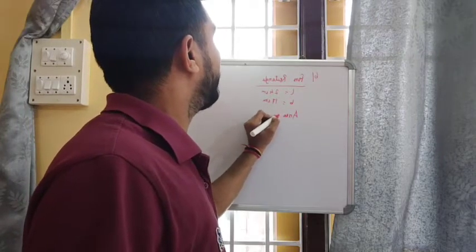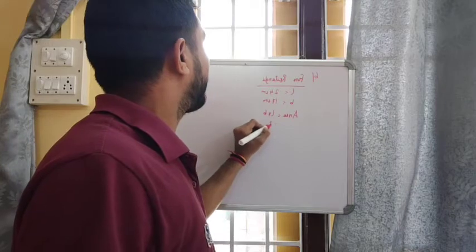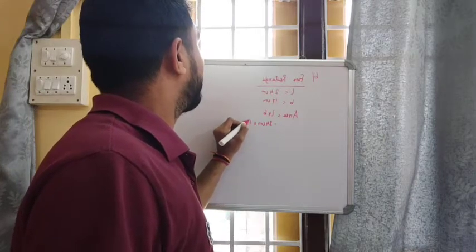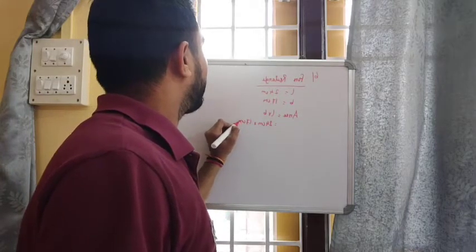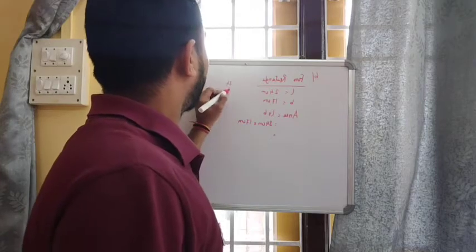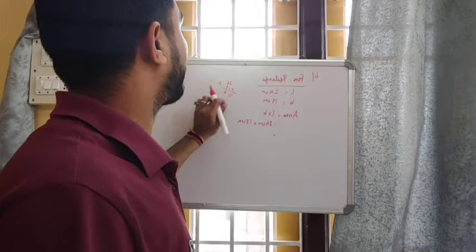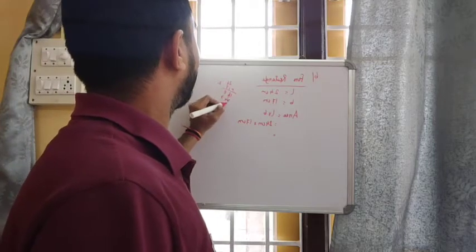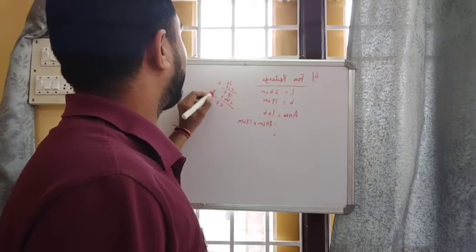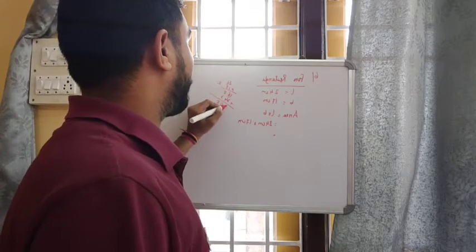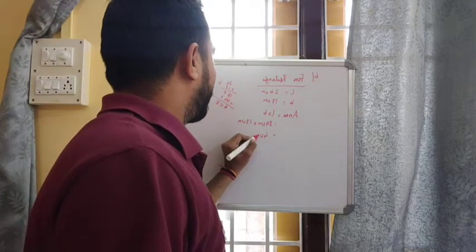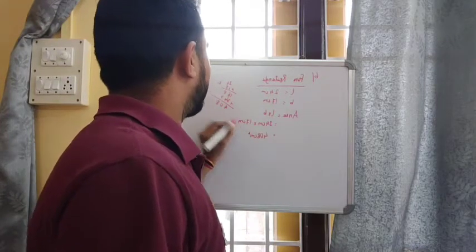So area will be length into breadth, that is 24 centimeter into 17 centimeter. So now we are going to multiply it. 28 carry 2, 14 into 16, and here it will be 24. 8, 10 carry 1, 3 and 1, 4. So it will be 408 centimeter square.